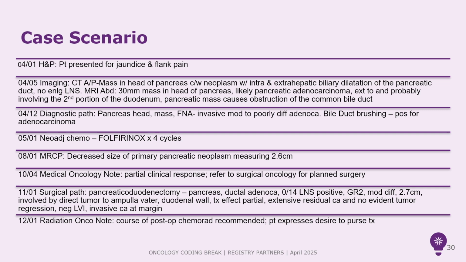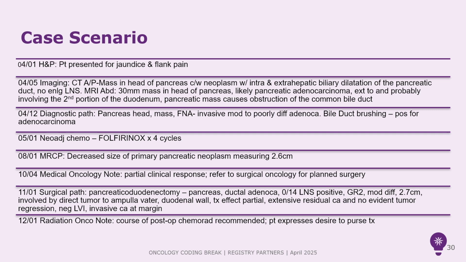On 4.12, the diagnostic FNA of the pancreas mass showed an invasive, moderately to poorly differentiated adenocarcinoma. The bile duct brushing was also positive for adenocarcinoma. On 5.1, the patient started the neoadjuvant chemo with FOLFOX for 4 cycles.